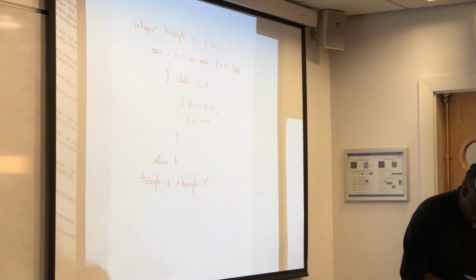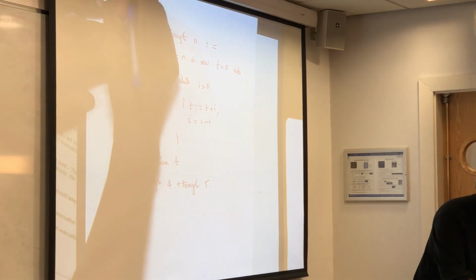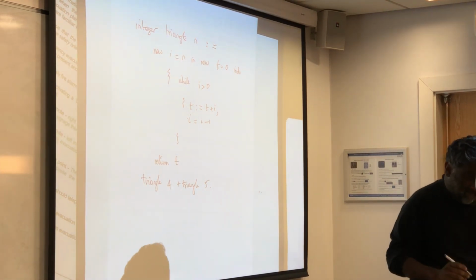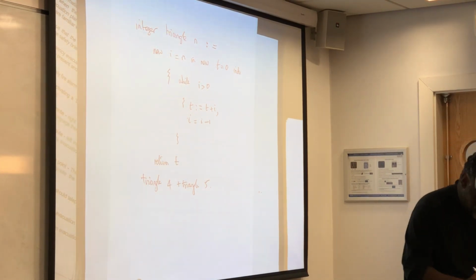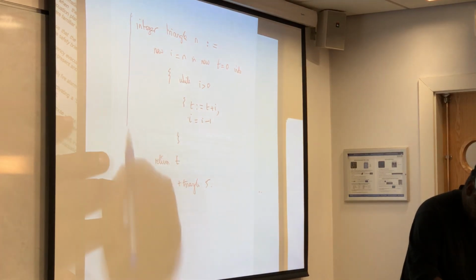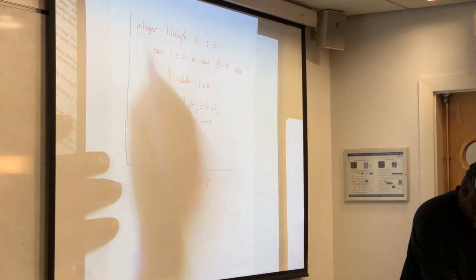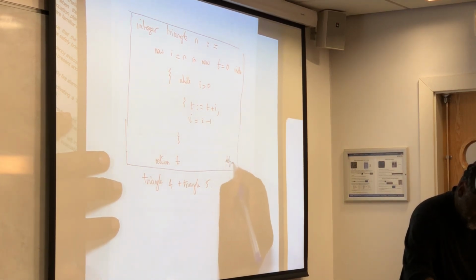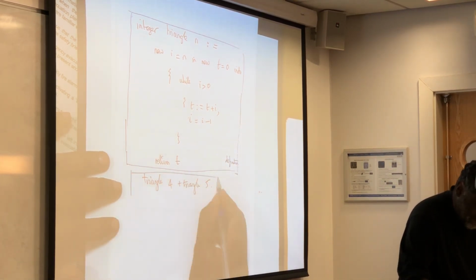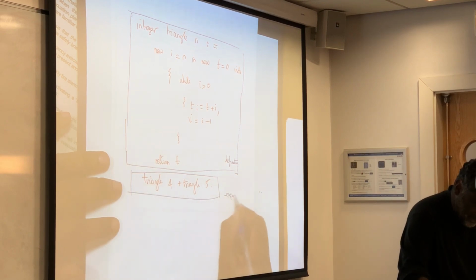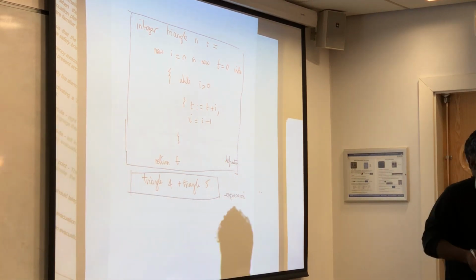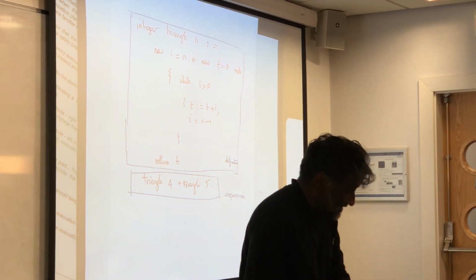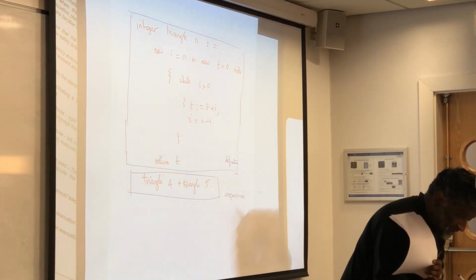If it's a big piece, I say I need an expression and I need a definition. Well, this looks like my definition, and this looks like my expression. But oh no, I need a semicolon. So there's a missing semicolon here.